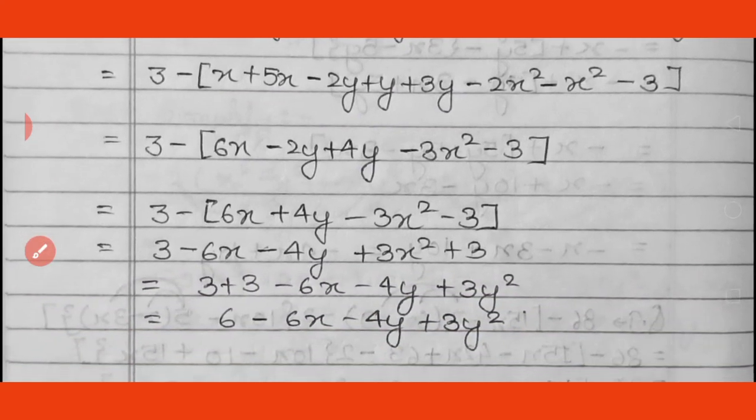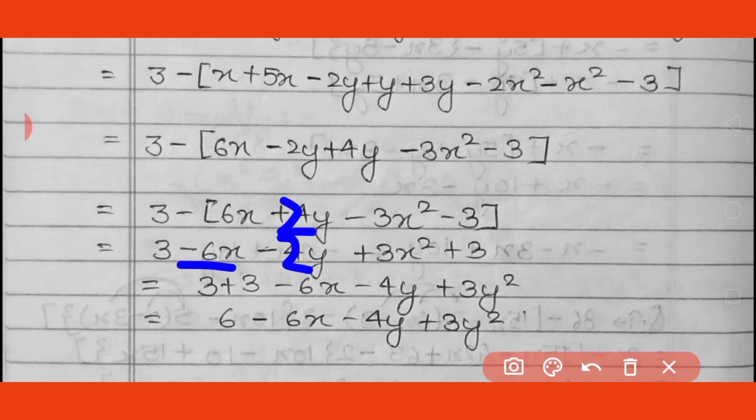Next step, minus 3 is outside, minus 6x, and 4y subtract 2y becomes 2y. It has written 2y minus 3x square minus 3. When the bracket opens, the signs will be changed. So plus 6x changes into minus 6x, plus 2y changes into minus 2y, minus 3x square changes into plus 3x square, minus 3 changes into plus 3.